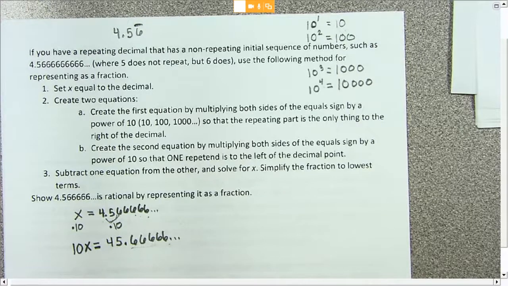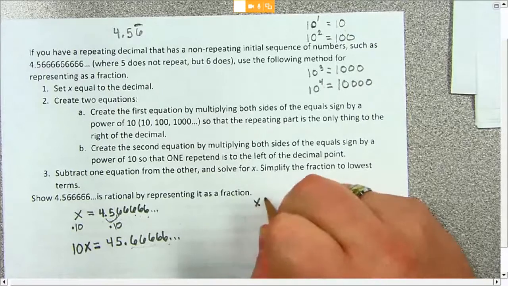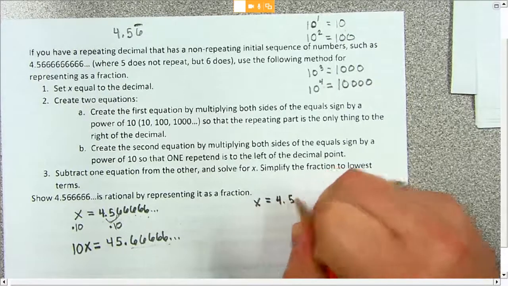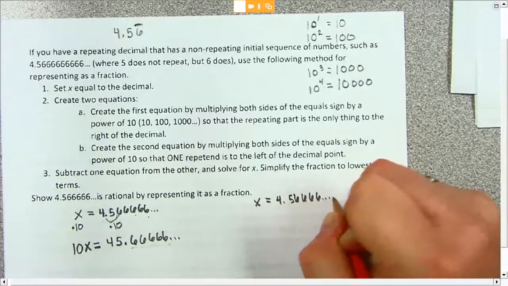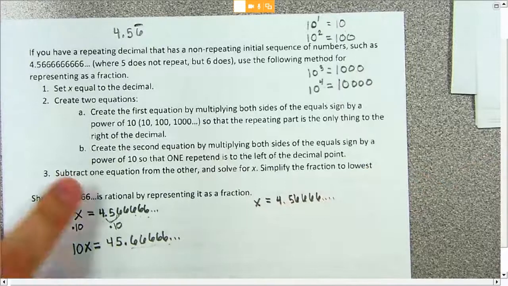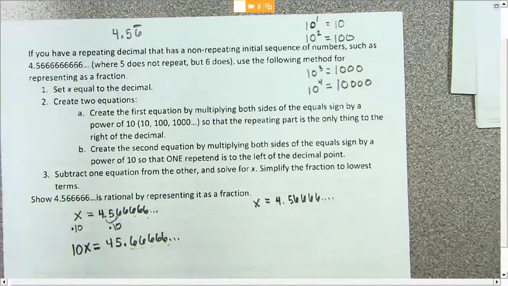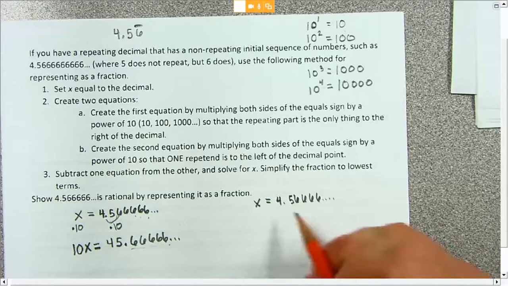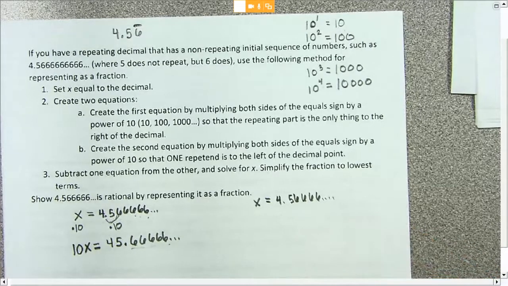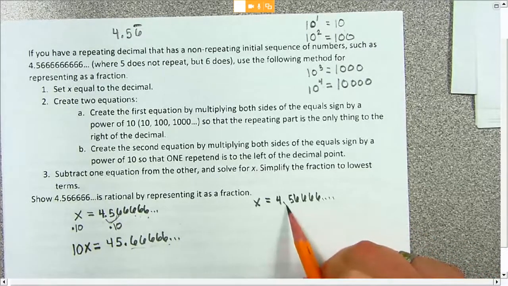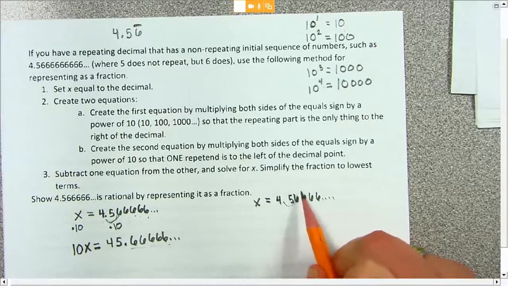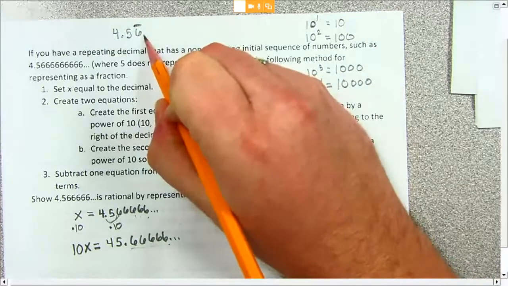All right, I find it easier to write this over again. So x equals 4.566666. Now I want a second equation, but this time I want the non-repeating part plus 1 repetend in front of the decimal. So I want the 5 and 6 with a line over it, that's the repetend, right?